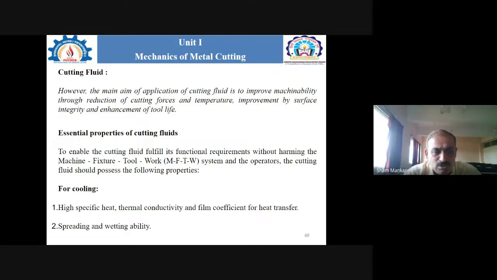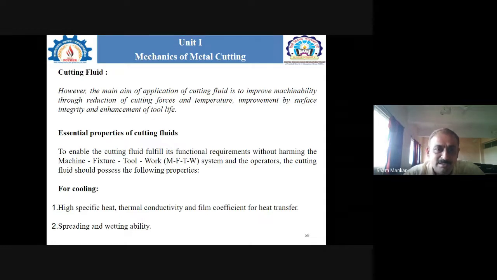As we know, the tool is manufactured from a harder material. Once we know the nature of the workpiece material, according to that we have to select the appropriate tool, which is harder than the workpiece material.